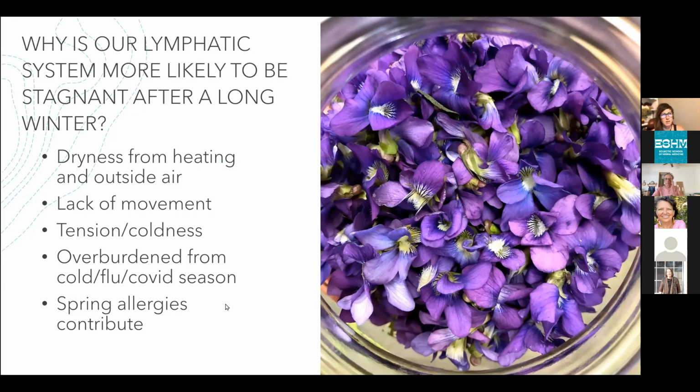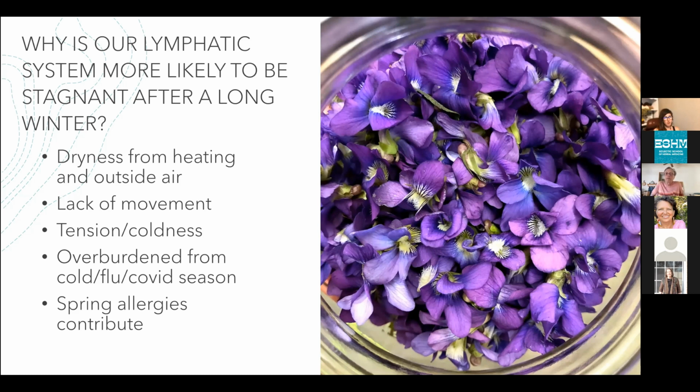So why is our lymphatic system more likely to be stagnant after a long winter? I wrote some things down here, and I'd love for you guys to throw some things into the chat. We talked about the lymphatic system and how the tissue states affect it.